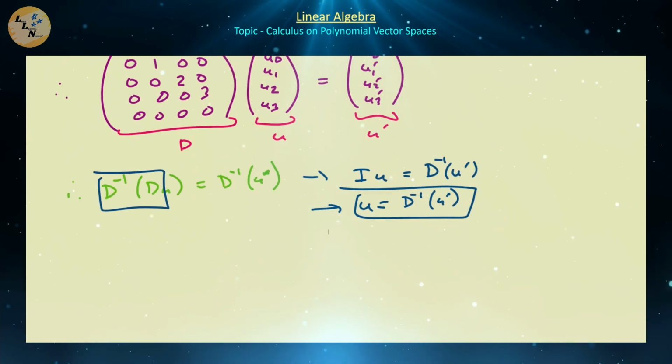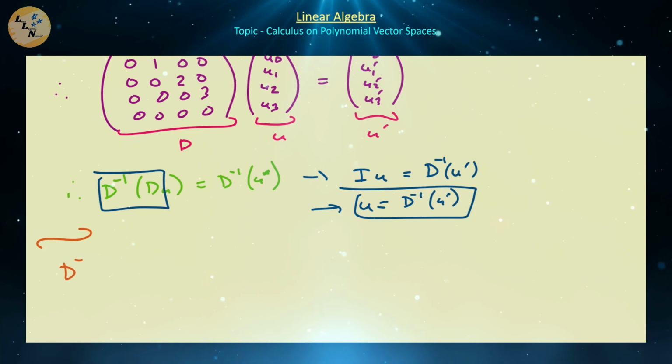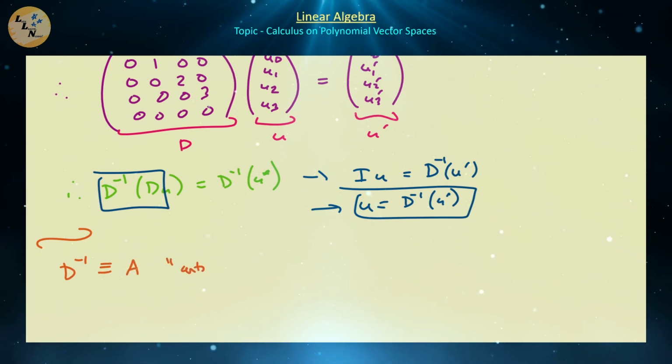Now, of course, we know this matrix does not exist, but what we're actually going to do is notate this as A. And A is going to stand for the antiderivative operator of D, because it's going to be an operator or a homomorphism, just like the derivative operator was.